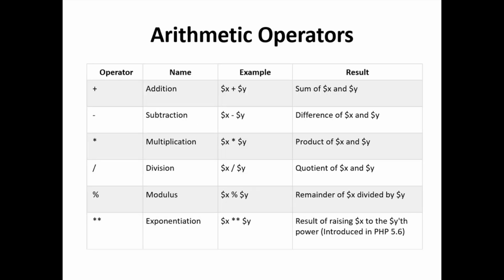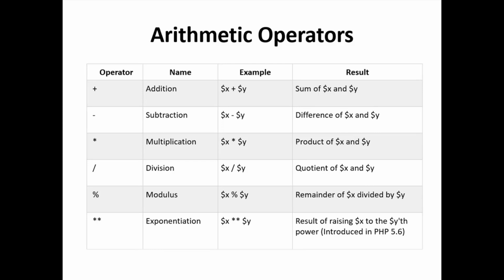Starting with arithmetic operators, we have already performed a program for the arithmetic operators where we took two variables and performed addition, subtraction, multiplication, and division in the past videos. Addition, that is the sum of two variables. Subtraction, the difference of two variables. Multiplication, the product of two variables. Division, the quotient of two variables.